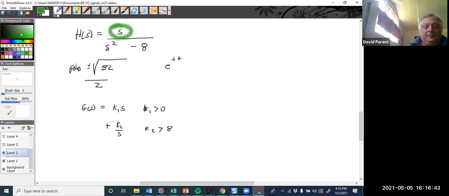All right. Now, how do I turn s into s? Well, you just scale it by a constant, right? And so k1 just has to be greater than 0. How do we turn s into a constant? Well, multiply it by an integrator, right?